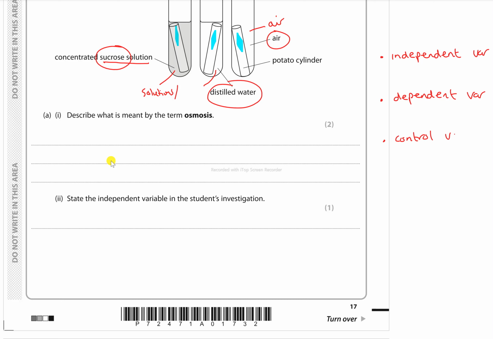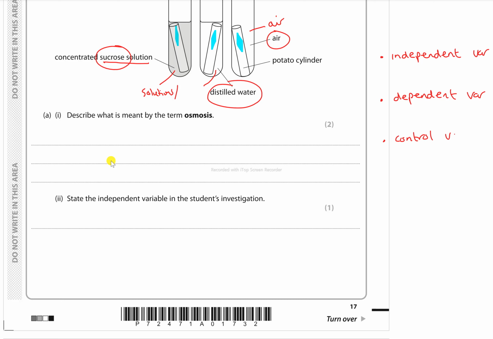Osmosis is affected by surface area and volume of a cylinder. At the start of the experiment, each cylinder has a radius of 0.25 centimeters and a length of 5 centimeters. Right, all they want you to do is substitute the values in, so it's a calculator thing. So what I would do is, you put 2 open bracket, okay.